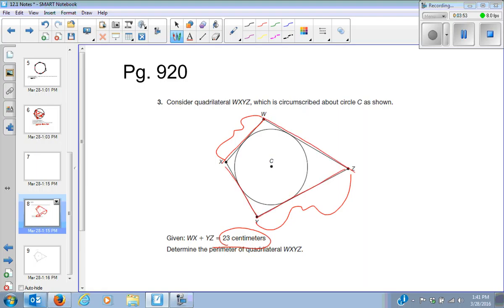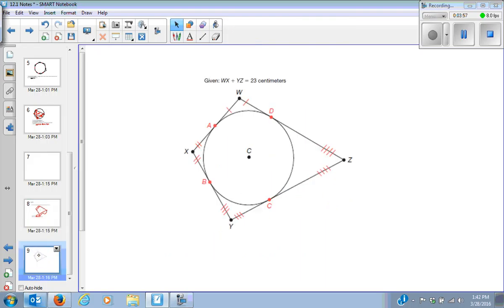Because of tangency, I know the tangency exterior point theorem talks about, hey, from A, which is the point of tangency, to W, that length is the same as from D to W. So I know those are congruent. And they went through and marked all the parts that are congruent based on that theorem. I know these are congruent.